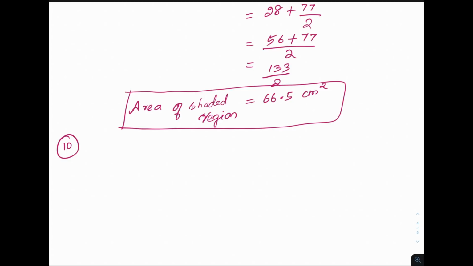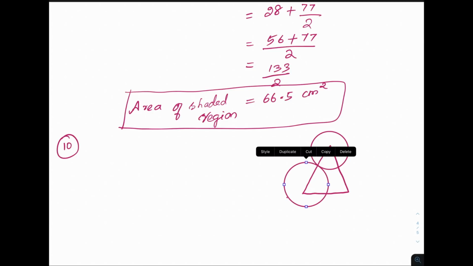The question is in such a way that there is an equilateral triangle with 3 circles which touch each other in such a way.